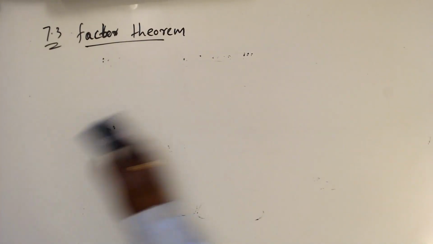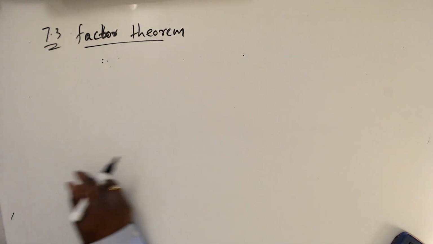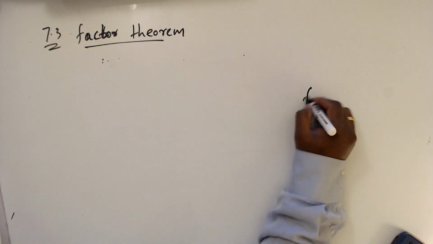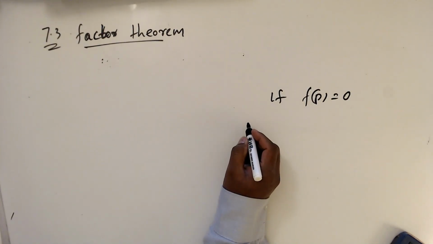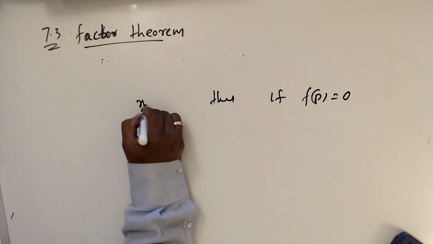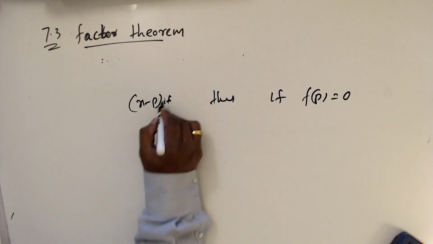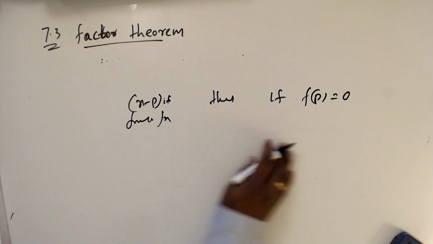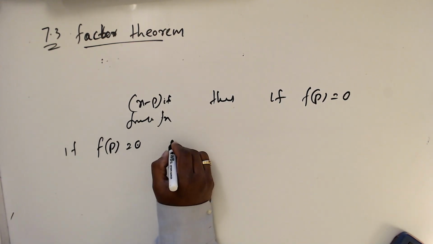Now when you look at the factor theorem, you can see in this book: if f(p) equals 0, then x minus p is a factor of f(x). I will write from left to right.